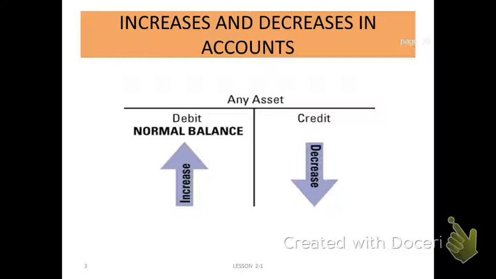Anything listed on the credit side or right side of the T account represents a decrease to any asset account. The normal balance represents increase. So if increases are on the debit side, that means that the normal balance is also on the debit side. Decreases, therefore, are on the side opposite the normal balance side. In this case, assets decrease on the credit side.